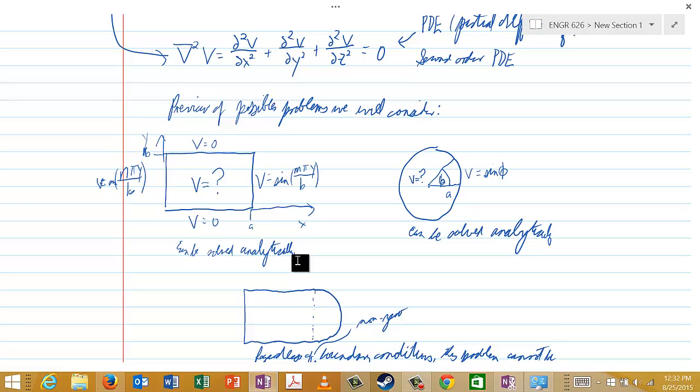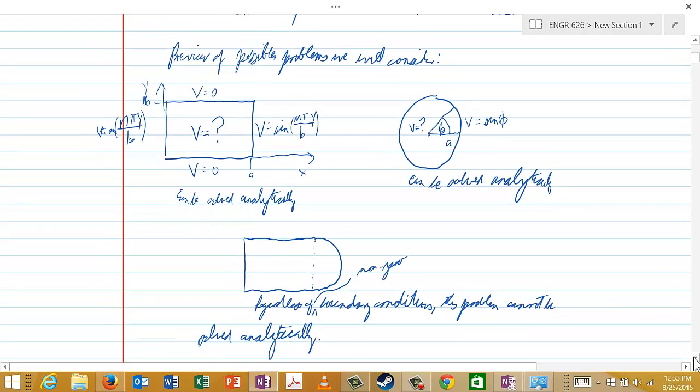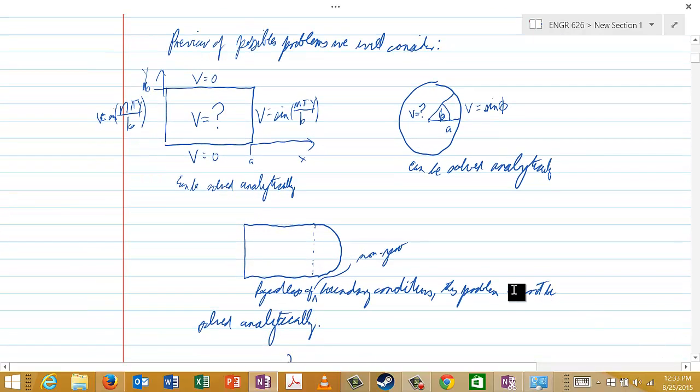Now, an example of a more complicated problem is right here. As this note says, regardless of the boundary conditions, this problem with this boundary here cannot be solved analytically. So you can see we don't have to make much of a change. It doesn't have to be some very exotic region for us to get into a situation where it can no longer be handled analytically.